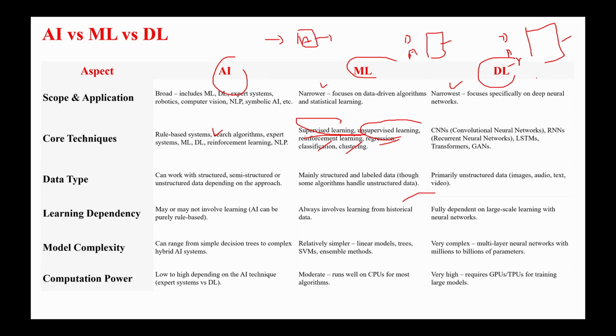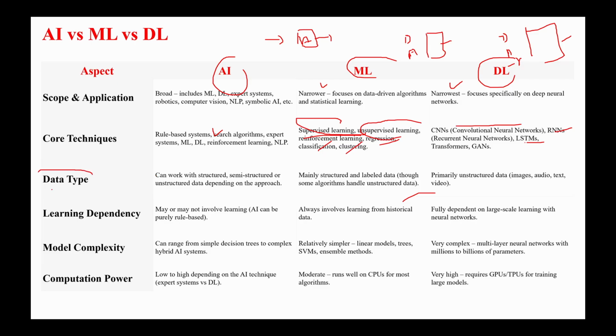But deep learning says that these are the convolutional neural network, recurrent neural network, LSTM is just the last scale, matrix multiplication is there, and transformer and GAN methods are also there. We'll discuss the details one by one.